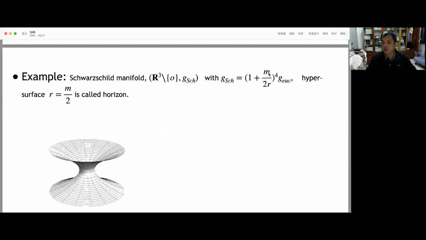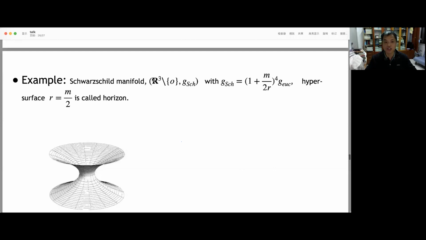And m is a positive constant. r is the Euclidean distance to the origin. So now this is a two-ended asymptotically flat manifold. This end corresponds to the infinity point of R^3, and that end corresponds to the origin point, okay? And m is the total mass, the ADM mass.